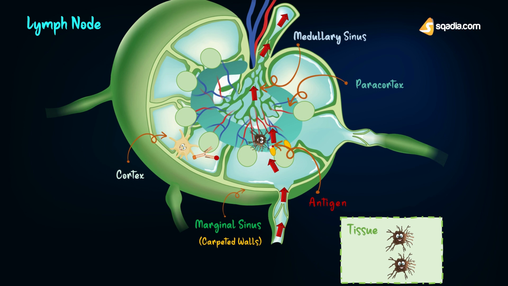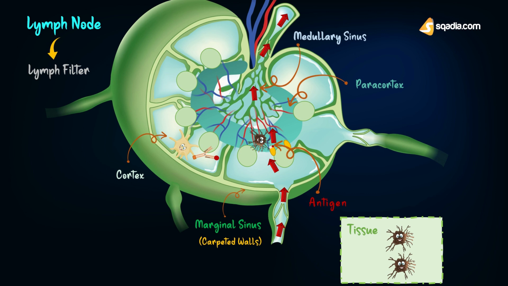Now, the walls of the marginal sinus are carpeted with macrophages, which reduces the number of invaders that the adaptive immune system will need to deal with, and it helps keep these pathogens from entering the bloodstream. This is important because blood can carry invaders throughout the body, potentially turning a localized infection into a systemic one. So, an important function of a lymph node is as a lymph filter.